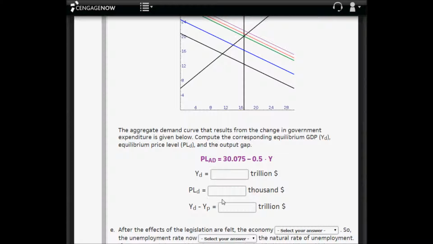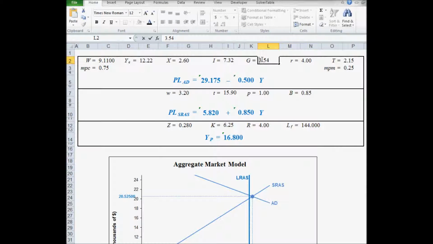And in order to calculate the equilibrium that results from both the tax cut and the increase in government expenditure, we're going to add $0.9 trillion to government expenditure.